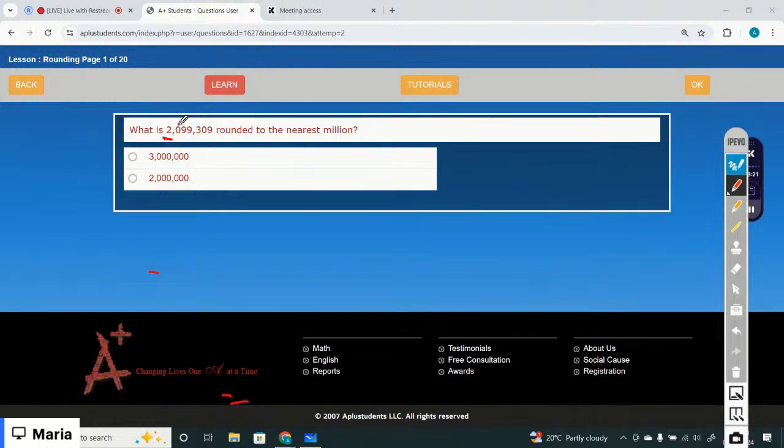And the right hand side of the millions digit is 0. 0 is less than 5. That means you need to round on the same million, that is 2 million. The correct option is 2 million.